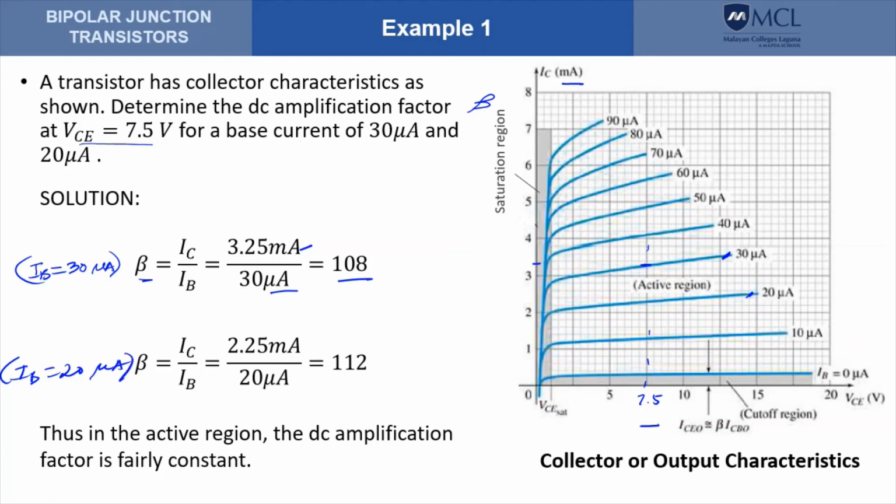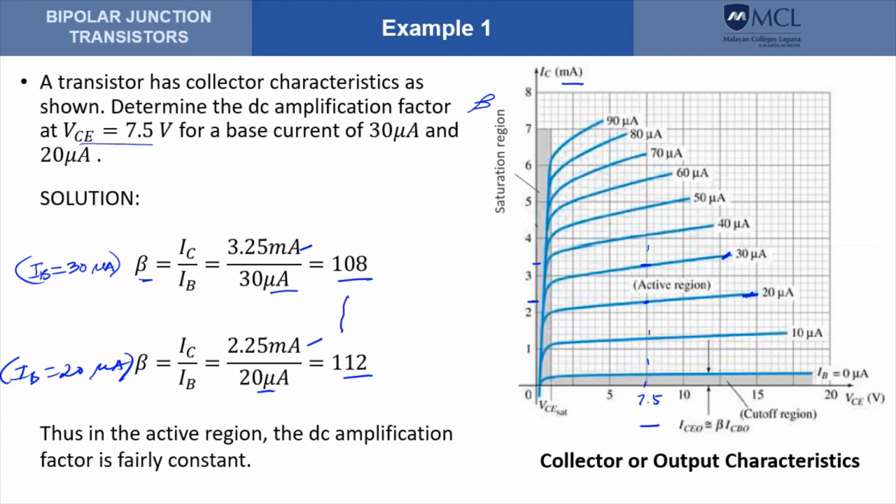Now for an IB equals 20 microamperes, that would be this curve, and this will be this point here, and that will give us this one. So that is around 2.25 milliamps divided by 20 microamps. That will give us 112 as the DC amplification factor.